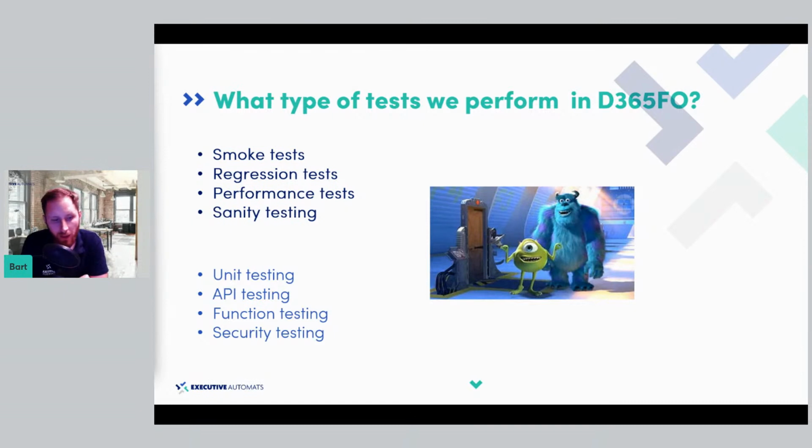But I can tell you honestly that the more we see customers on site, in the sessions, in the lessons learned, in the verification of the current testing or findings, we see a significant trend that we are making this scary. That's why we see here Monsters, Inc. from Pixar. We're trying to make things scary to show sometimes to the stakeholders that we do a lot of tests, that we verify the system from the beginning to the end, to the edge. And actually, we don't believe that this makes significant sense.